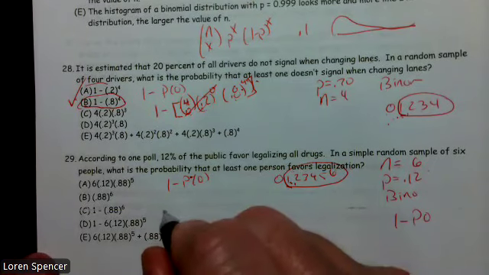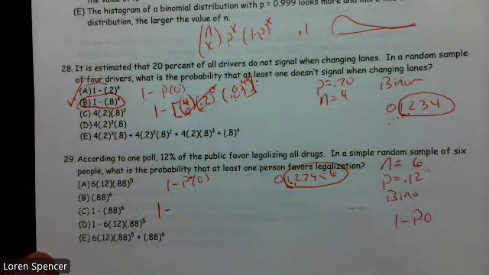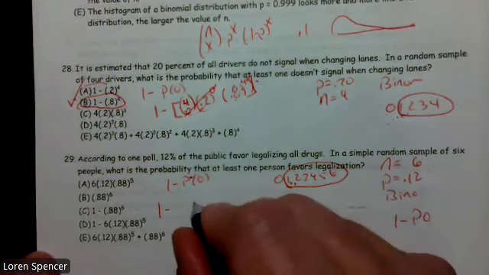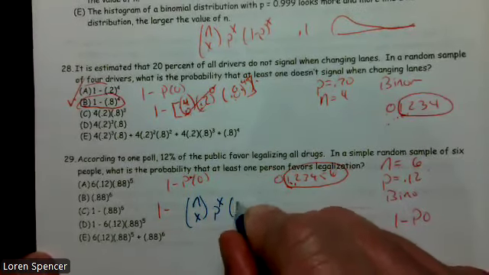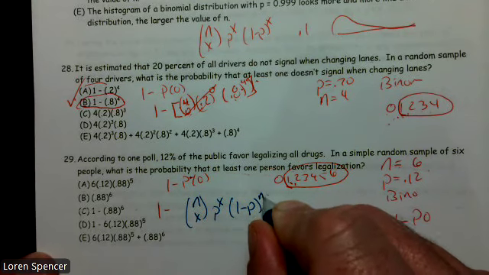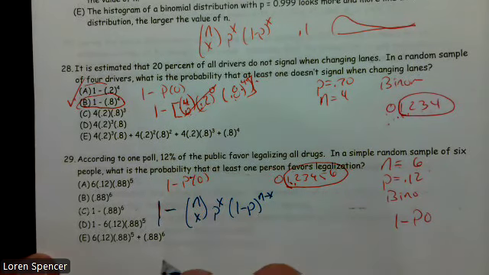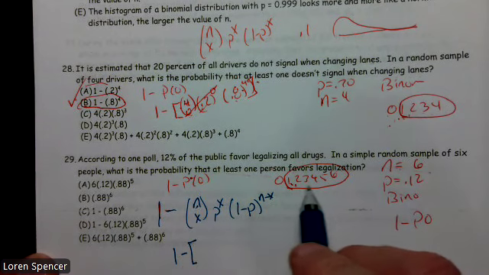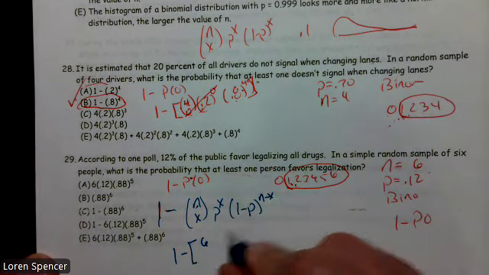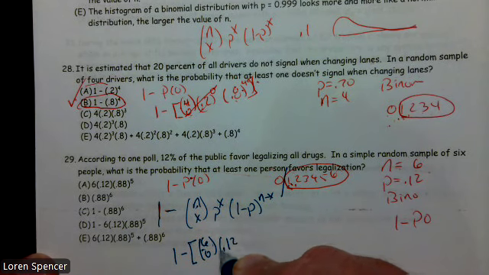So we can do one minus the probability of zero. And the reason I know I'm looking for that is because of the way they have these set up. So what do I have? 1 minus, and remember our formula. Our formula is n choose x, p to the x, 1 minus p to the n minus x. So 1 minus that. Well, we have a group of 6, but we're going to choose 0. 1 minus 6 choose 0, 0.12 to the 0.